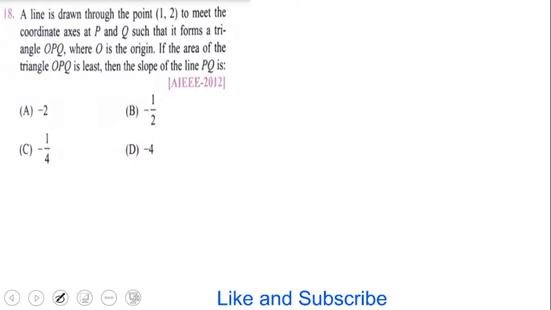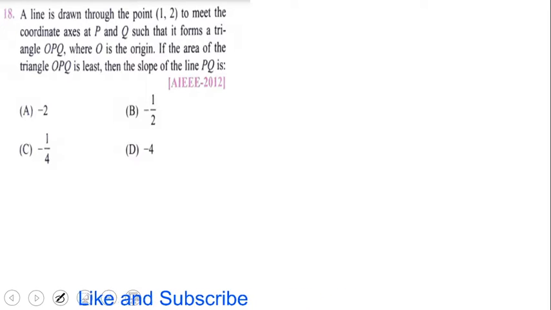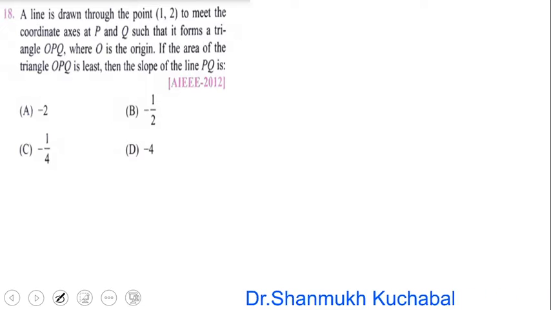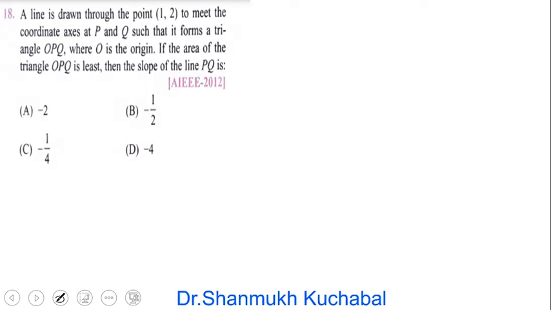Example number 18. A line is drawn through the point (1, 2) to meet the coordinate axes at P and Q such that it forms a triangle OPQ, where O represents the origin. If the area of triangle OPQ is the least, then we have to calculate the slope of the line here. So let us begin with this.